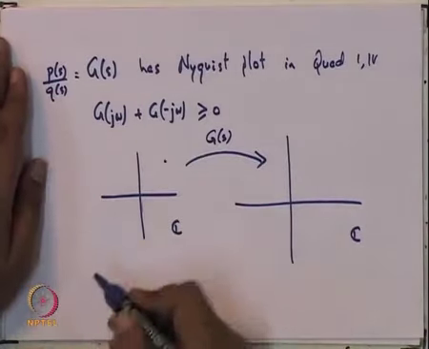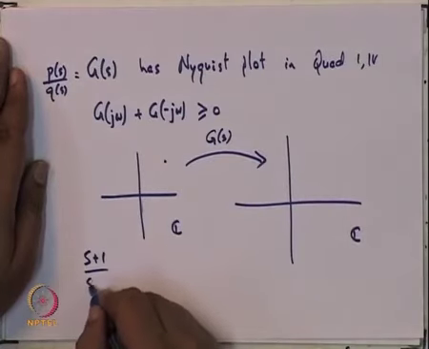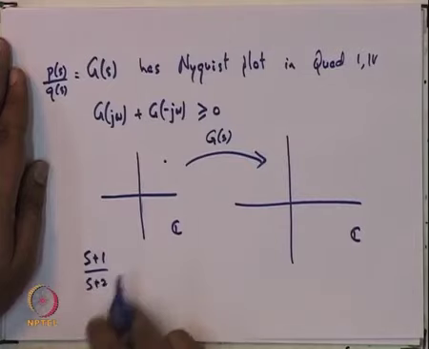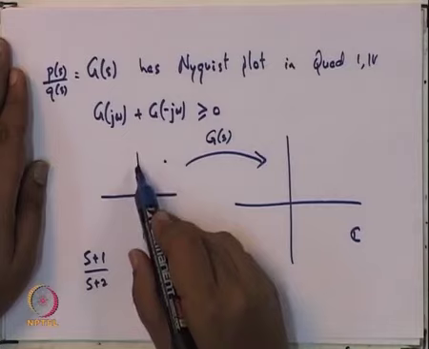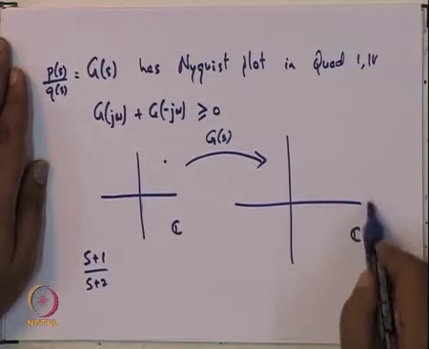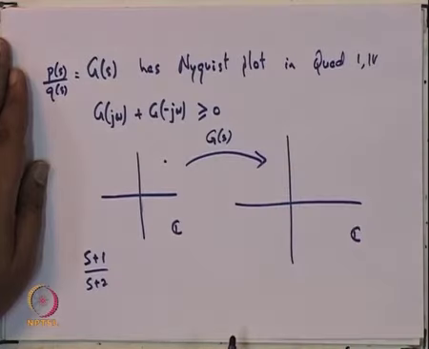Now, there are several examples of such things. So, for example, if you use (s+1)/(s+2), this transfer function, when you look at this map and you look at where the imaginary axis maps to, that will lie completely in the right half.